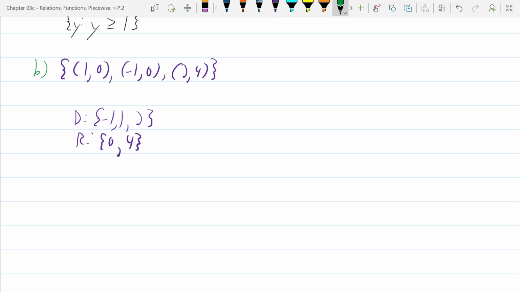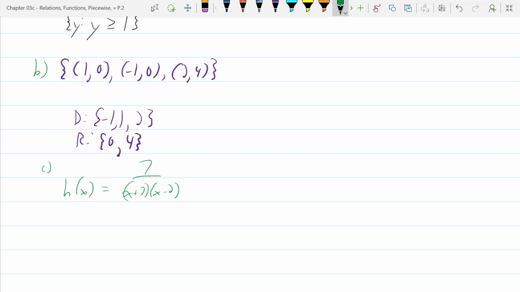Okay. Letter C. I'll give you a function. h of x is equal to 7 over (x plus 7) times (x minus 2). Now, we just said the denominators cannot be equal to 0.